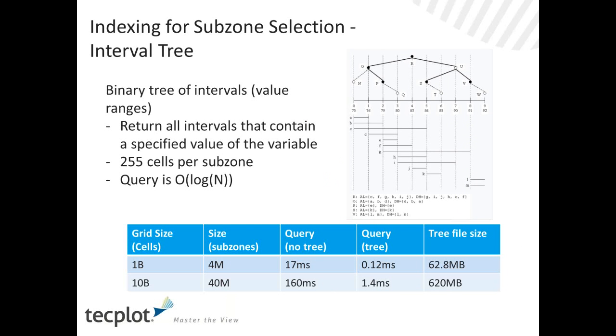We've created this binary tree of intervals, for an isosurface or a slice, and you can quickly go through that tree to determine which subzones you need to load. It's at least one to two orders of magnitude faster than if you just went through a list.